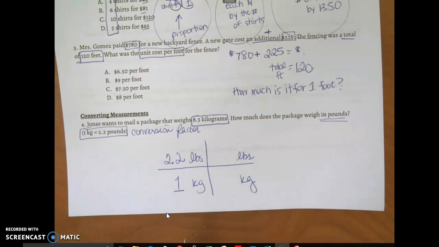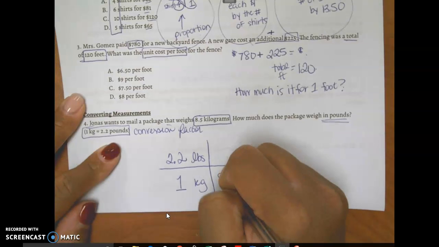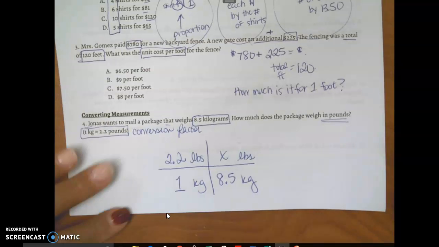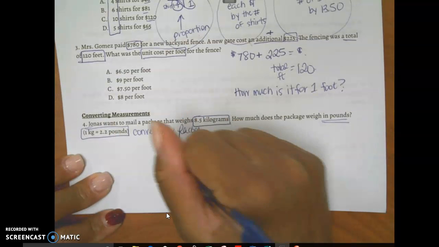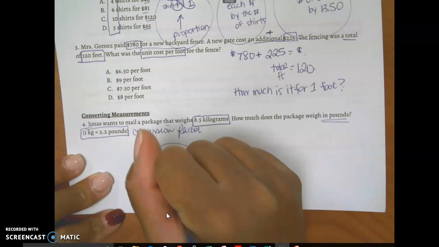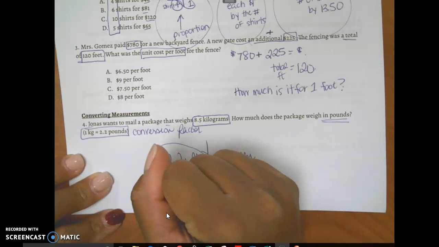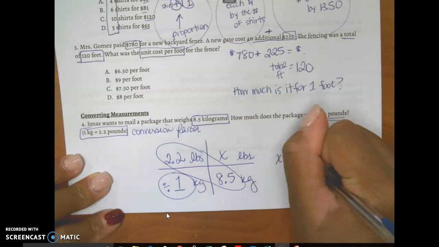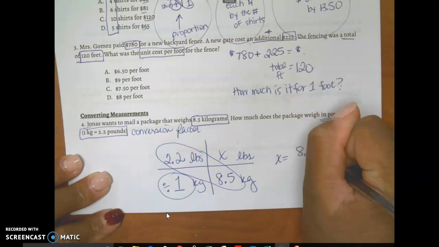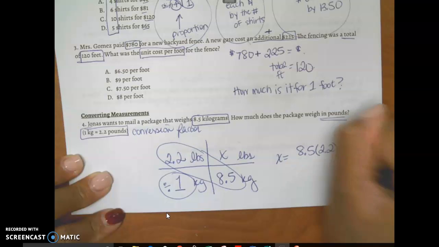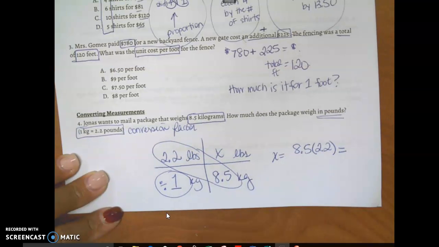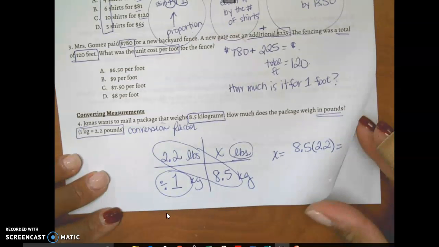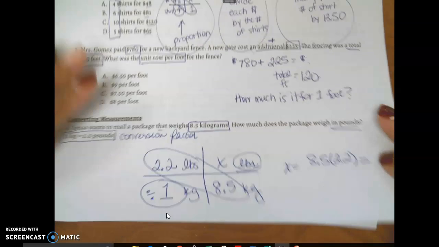The bottom. And then what do I put on the top? X. And then how do I solve? This should be easy because I really don't have to divide by 1. I'll just do 8.5 times 2.2. And then I'll get my answer in pounds. Okay? Next question.